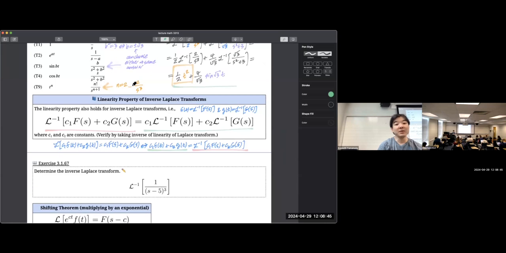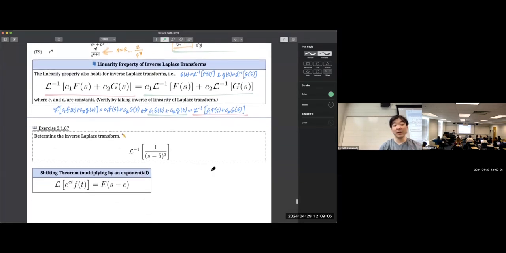If you plug in n equal to 2, it's 2 over s cubed. So this kind of looks like the Laplace transform of t squared, right? But with what modification to it? The s cubed that would have been in the bottom has now become an s minus 5 cubed. Yeah, exactly. So there's a shift. There looks like there's a shift going on.